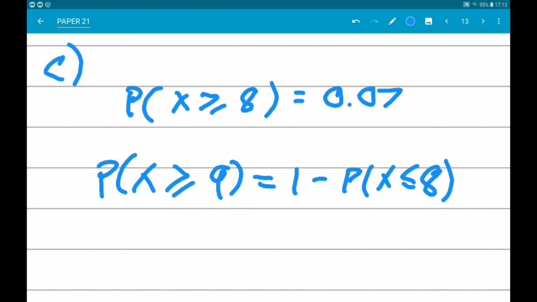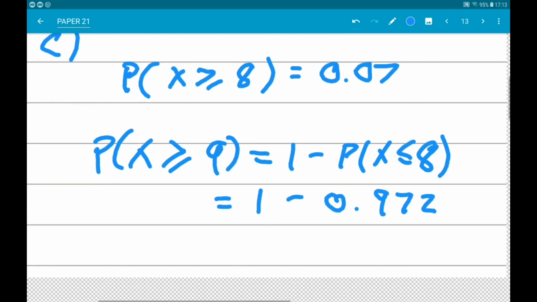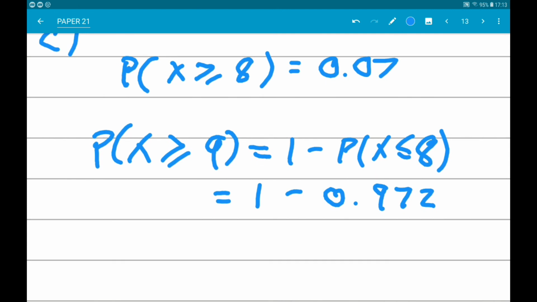So, that gives us 1 minus 0.972, and that is 0.028.